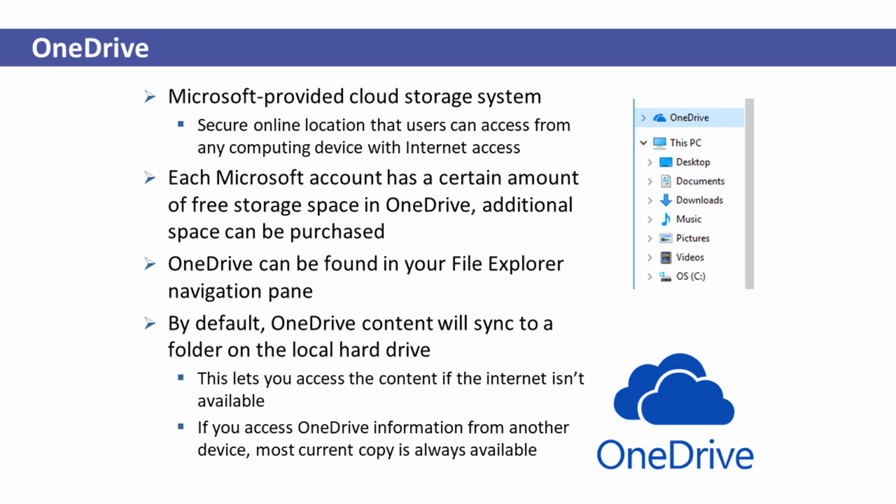And so what that does for you is it lets you access the content if the internet becomes unavailable. And if you access OneDrive information from another device, the most current copy is always going to be available to you. So this is something very useful if you find you're working on a variety of devices and in a variety of locations.